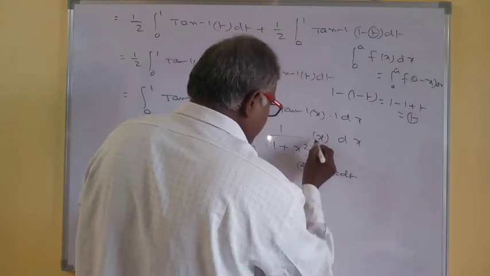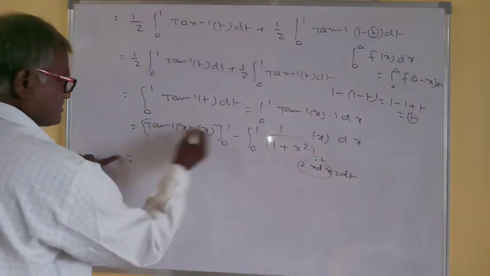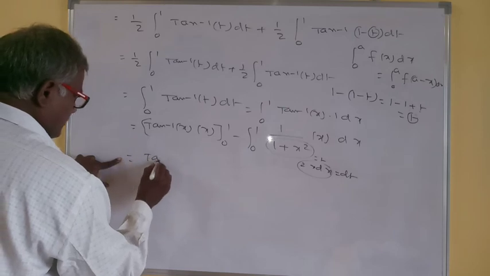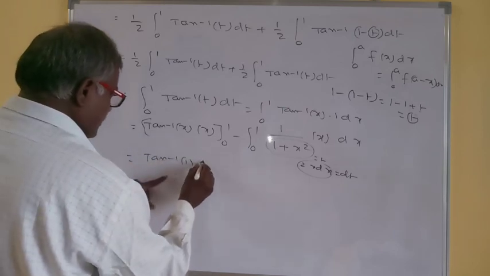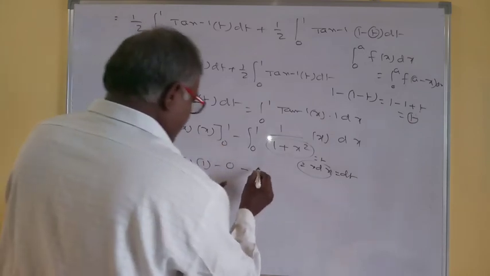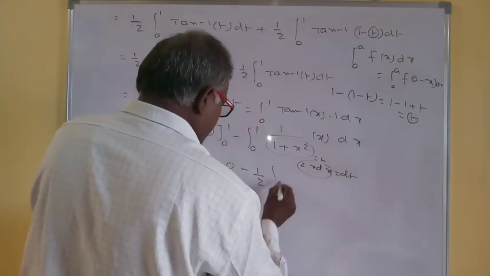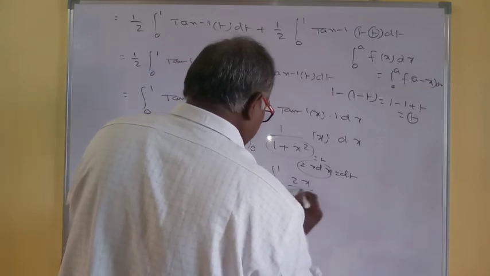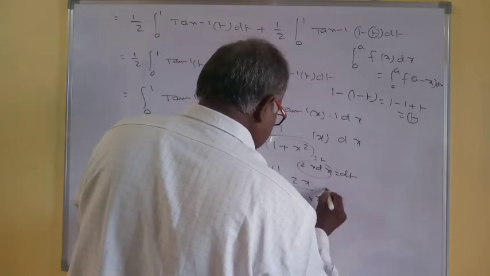First of all, tan inverse 1 into 1 minus 0, where the 0 term is zero. This I can rewrite as 1 by 2 into integral 0 to 1 of 2x by 1 plus x square dx.